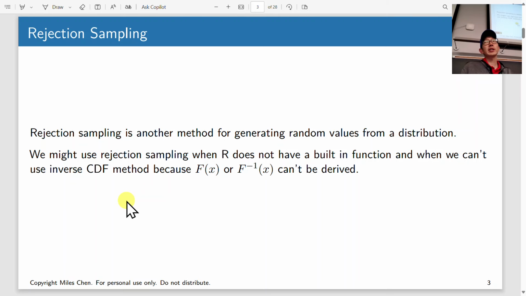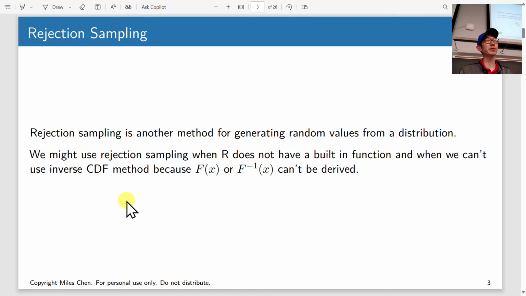We've been relying on R's ability to generate random values, and R has a lot of built-in functions. We have rbinom and rbeta and so on for a lot of these things. Then on Monday and Wednesday, we said sometimes we want to generate values from a different distribution, and one way we can do that is the inverse CDF method.